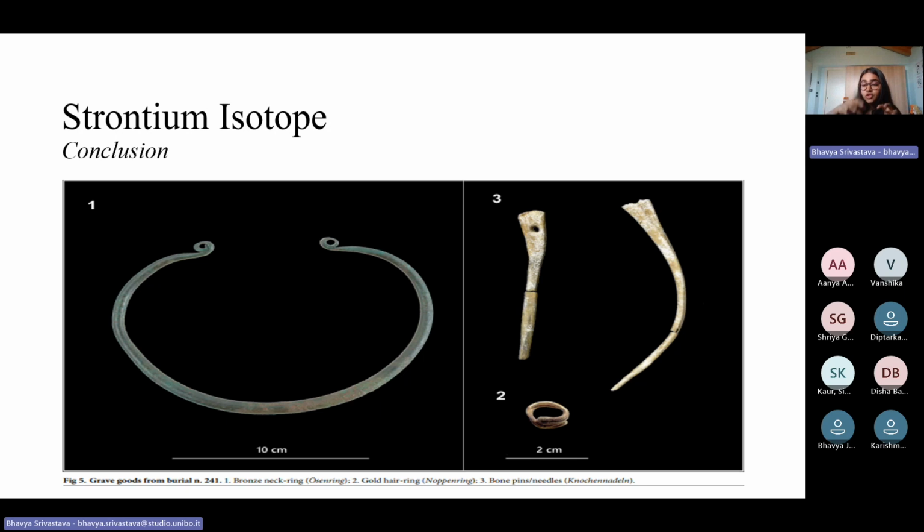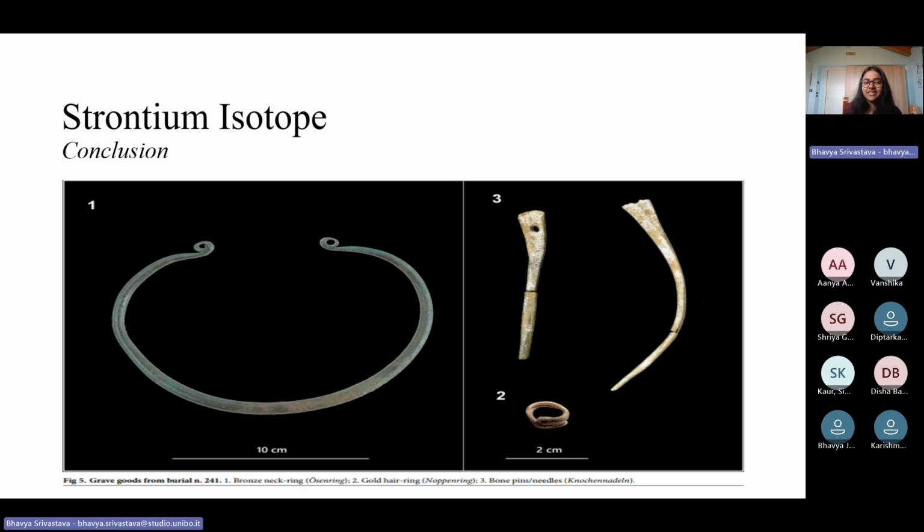And when the distribution of these artifacts was mapped across Europe, they realized that these two, the nose ring and the torque, were a part of the local culture, where the woman may have died, while the bone ring and the bone needles were found in a more northern profile, in more northern Europe, which may have been her ancestral home.